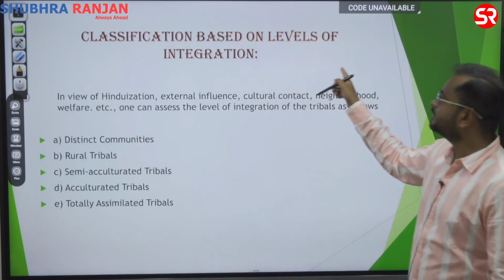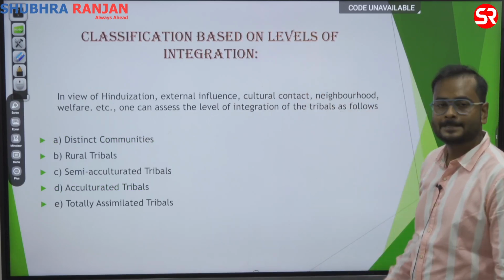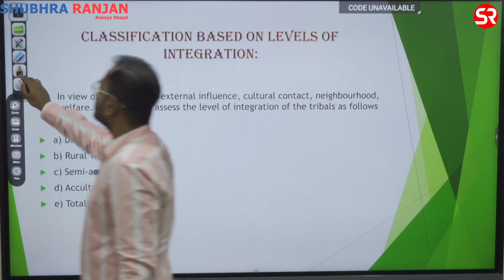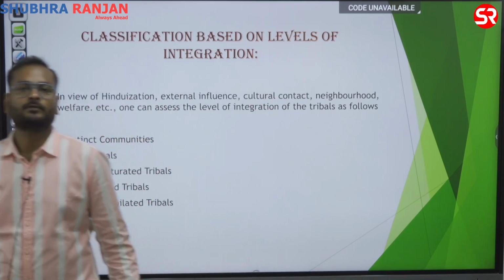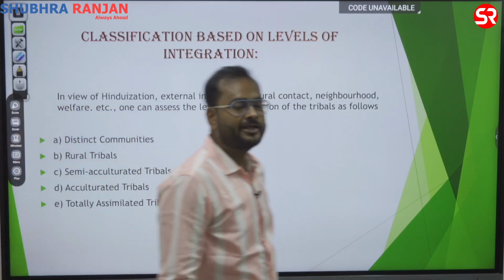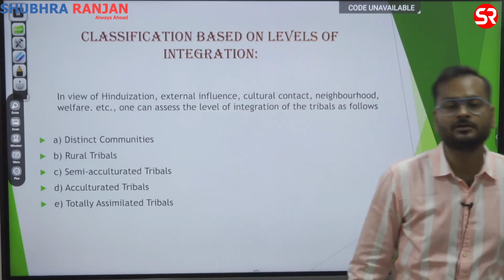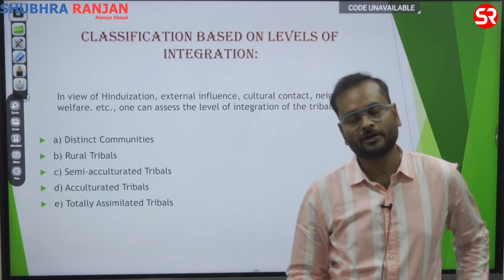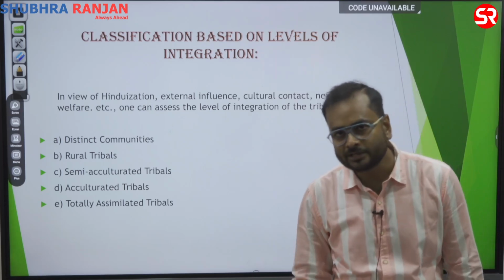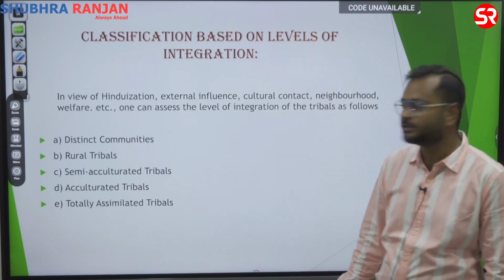Then the third is the level of integration. Most of the tribes, when they are under the influence of certain religion, then the most predominant among them would be Hindu religion, isn't it? Hinduism.